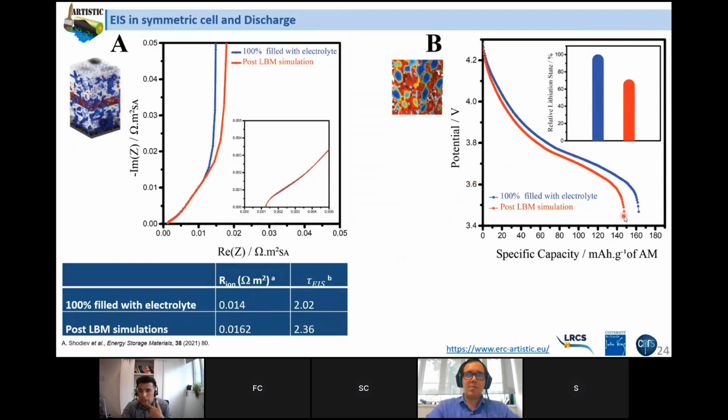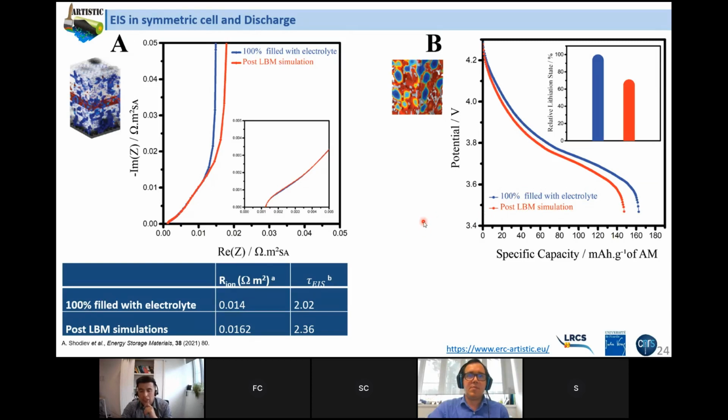As you can see here, the 100% filled with electrolyte assumption shows more capacity than the actual capacity. So we should be quite careful when we make these kinds of assumptions inside the models. Of course, we cannot avoid some assumptions in the model, and for simplicity, we always assume 100% filled with electrolyte. But still, it's not negligible.